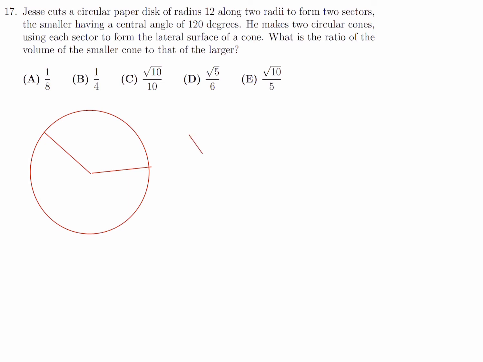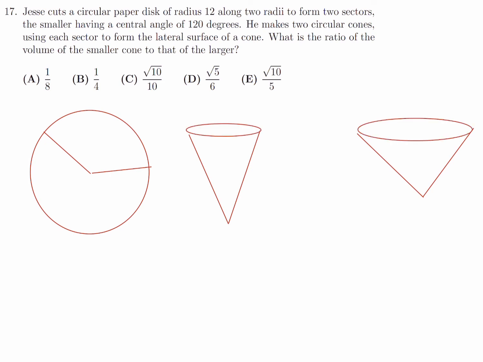So we have, let's say, one cone that kind of looks like this, right? And then you have another cone that's a little bit wider, something like this. And we'll just draw in the circular tops. So something like that, right? So our task is to figure out the volume of this little guy and then the bigger guy.